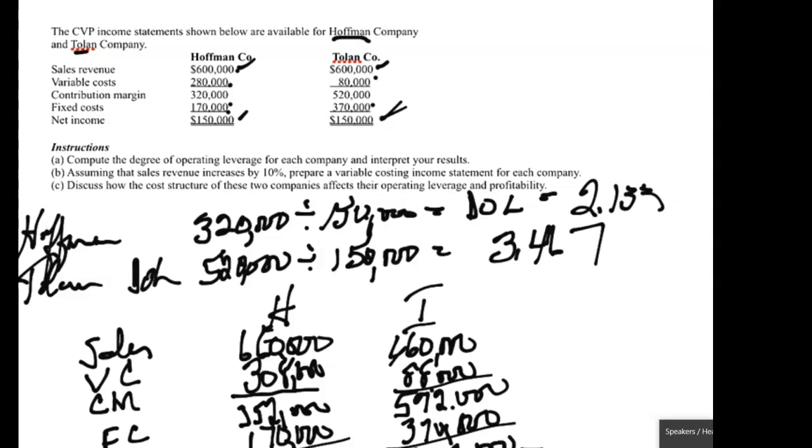The profit increased by $52,000 when the sales increased by 10%. But for Hoffman, the profits only increased $32,000. That is because Tolan has a higher degree of operating leverage because it has more fixed cost in its makeup.